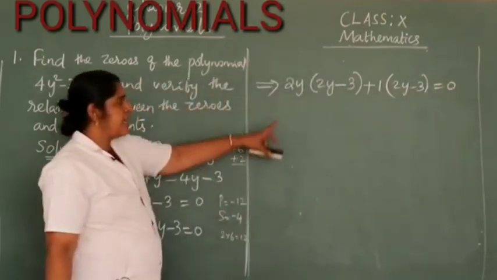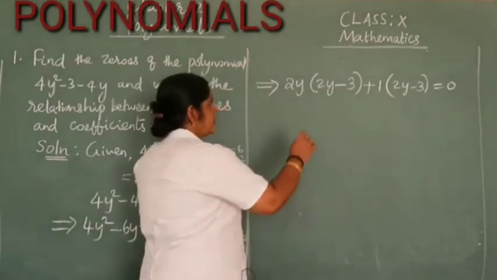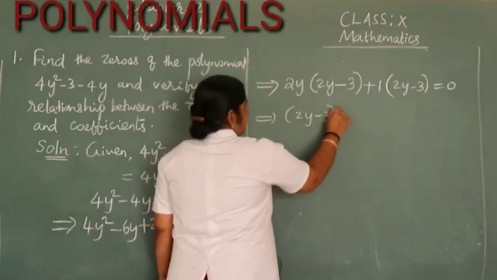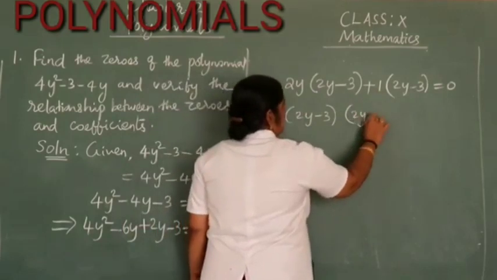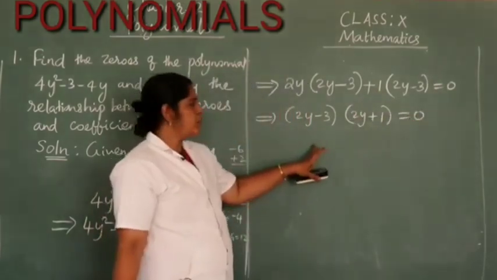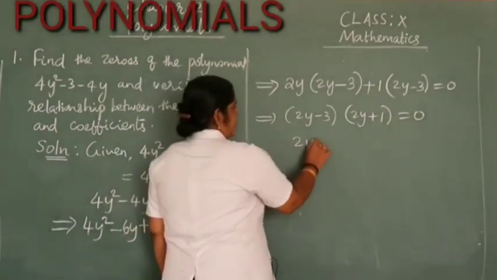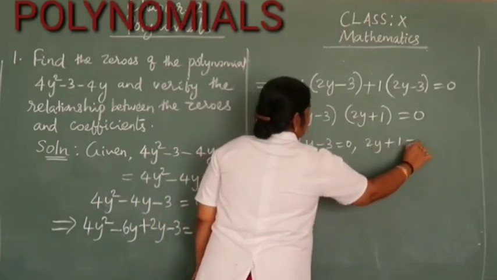Now you can see 2y minus 3 is the common term, so take that as common. 2y minus 3, and the remaining terms are 2y and plus 1 equal to 0. Now we need to equate each factor separately to 0, so that 2y minus 3 equal to 0 and 2y plus 1 equal to 0.